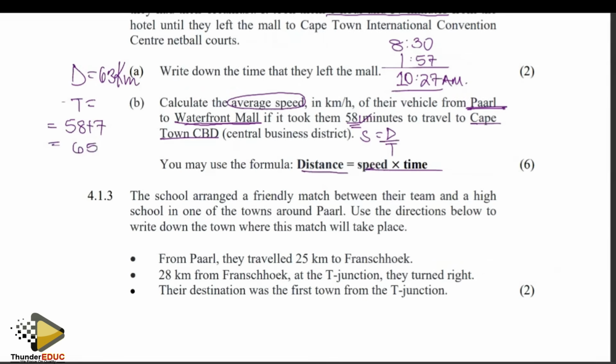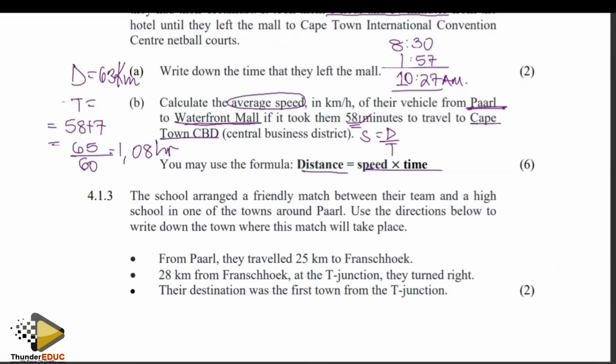When you get 65, you have to change this into hours. Divide by 60. So we end up having time as 1,08 hours.